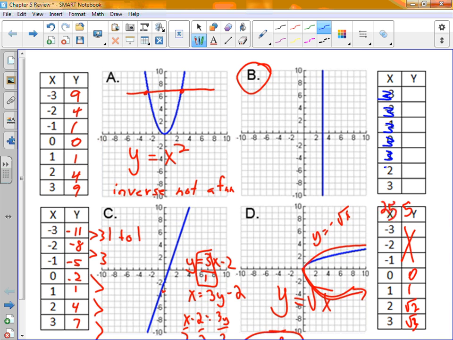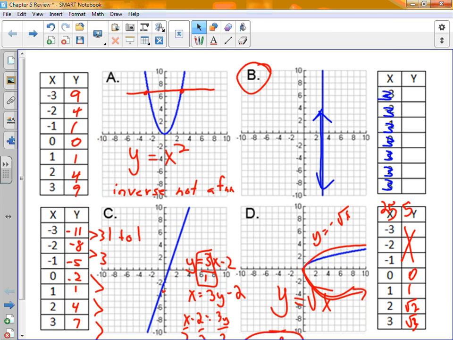As if I have an X value that stays the same and I move something up and down, notice the X isn't changing. As I move up and down, it's actually the Y that would be changing. So my domain in this situation right here is 3 and my range would be changing.